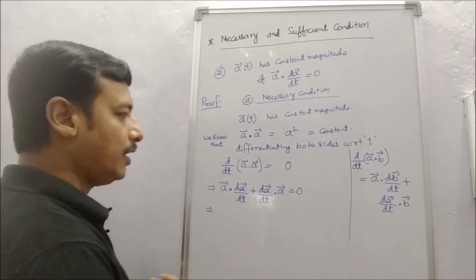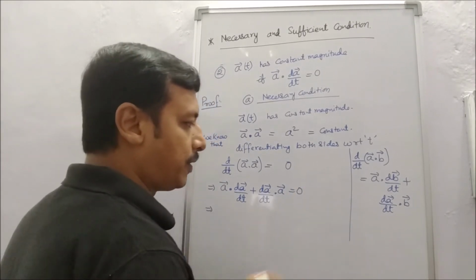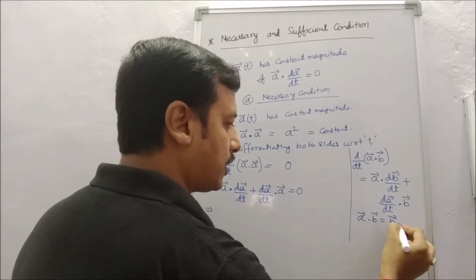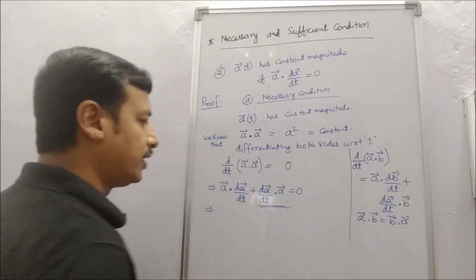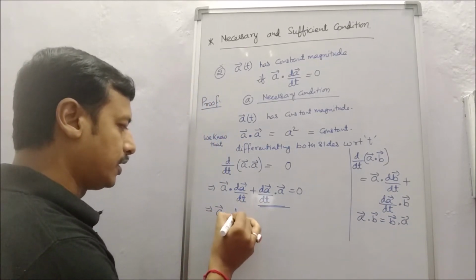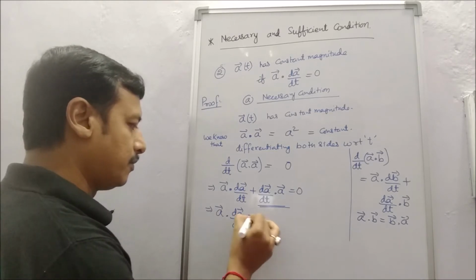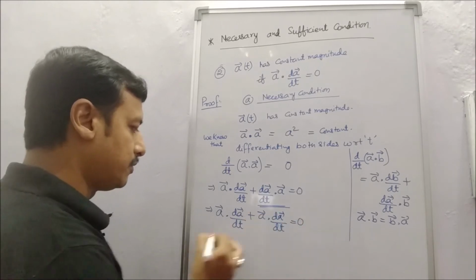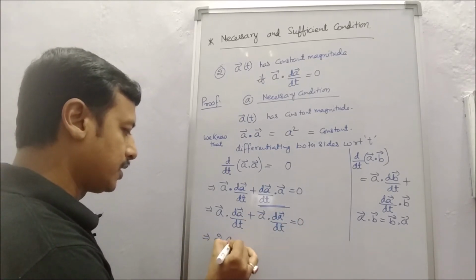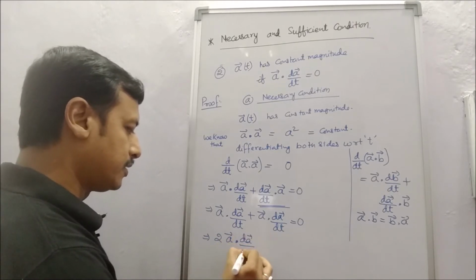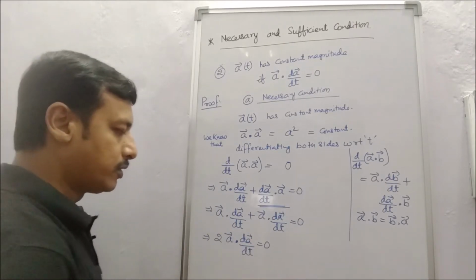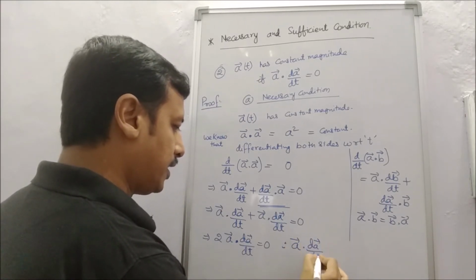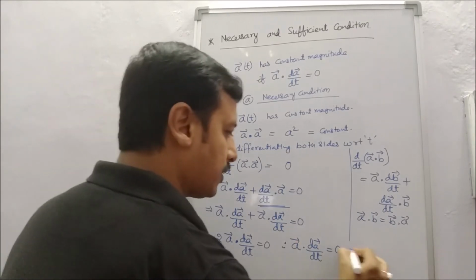Now, as from the property of scalar product of two vectors, A dot B is equal to B dot A. So, changing the order, A dot dA/dt plus A dot dA/dt is equal to 0. 2 times A dot dA/dt is equal to 0. 2 goes to the right hand side, therefore A dot dA/dt is equal to 0.